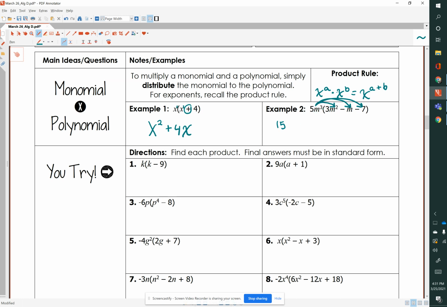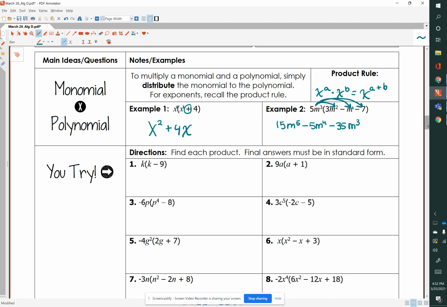So that would be 3 plus 2, 15m to the fifth. Now we have positive times negative, so it would be negative 5m, and we have an invisible one here, so 5m to the fourth. And then positive 5m to the third multiplied by negative 7 will be negative 35m to the third. And that's how you do it.